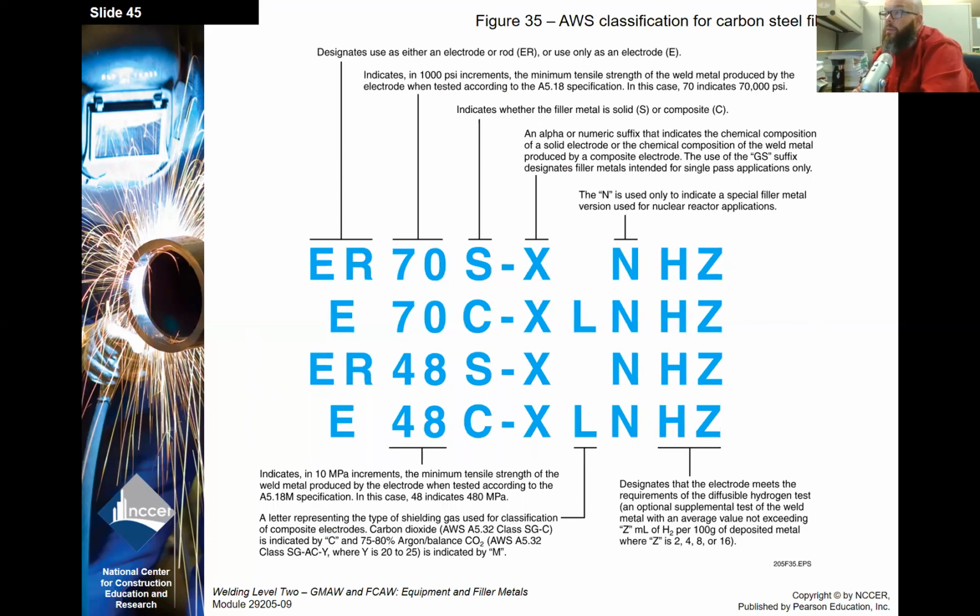And then beyond that, we can have an S or a C for a solid or a composite wire. And then we have different suffixes depending on what shielding gas you use, what requirements the electrode meets, and if it's a special filler metal for nuclear use.